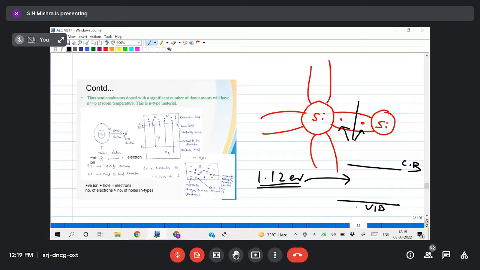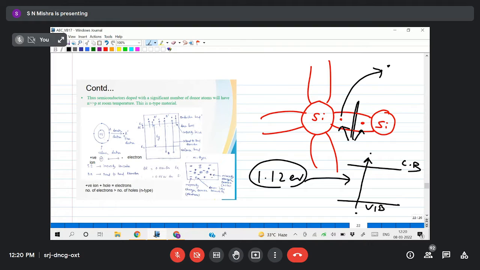That means it refers to only one electron moving from the valence band to the conduction band. When we say the covalent bond breaks, it is given 1.12 electron volt and it breaks the bond so that one electron will move from here to here. That means bound state to free state. It is not referring to 2 electrons.